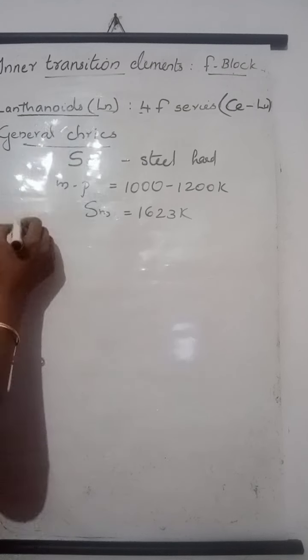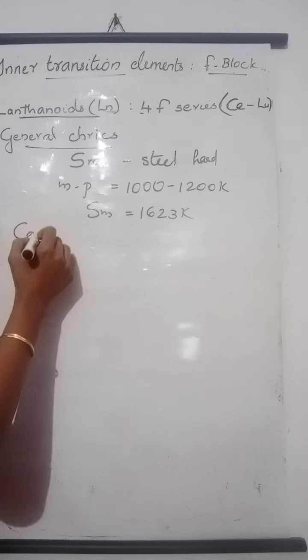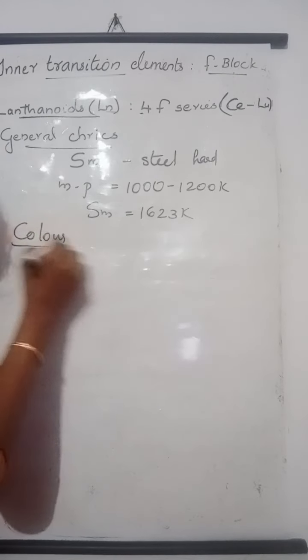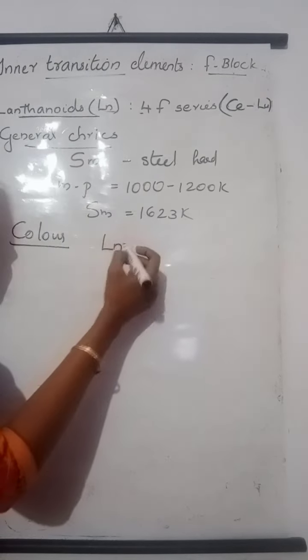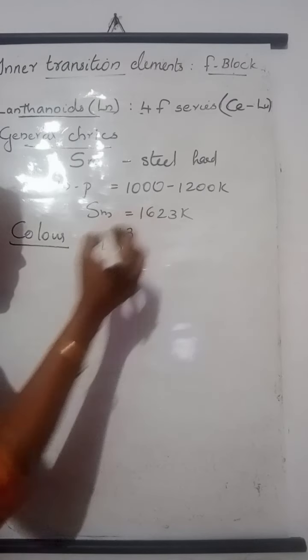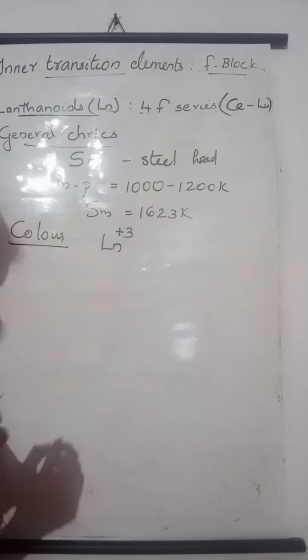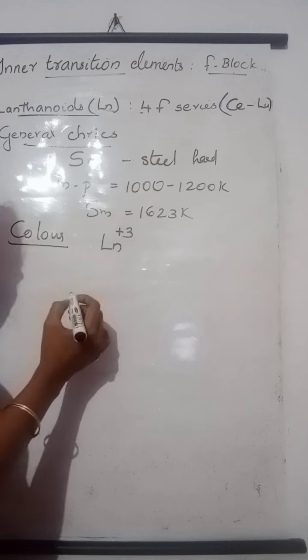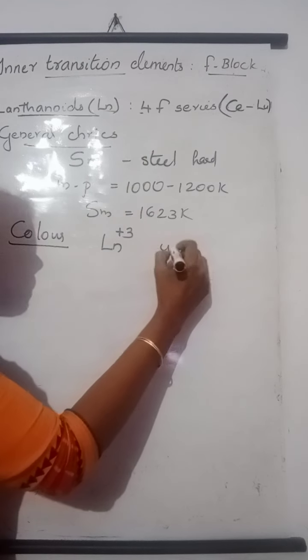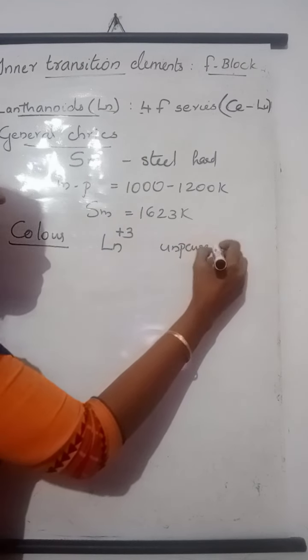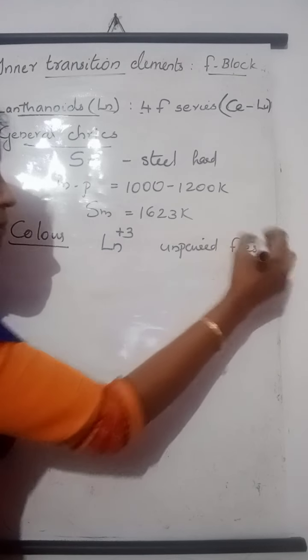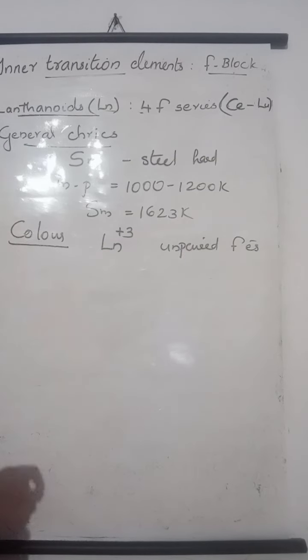Now, color of lanthanoid ions. Most of the lanthanoid ions are colored in their +3 state because of the presence of unpaired f electrons, unpaired electrons in the f atomic orbital.